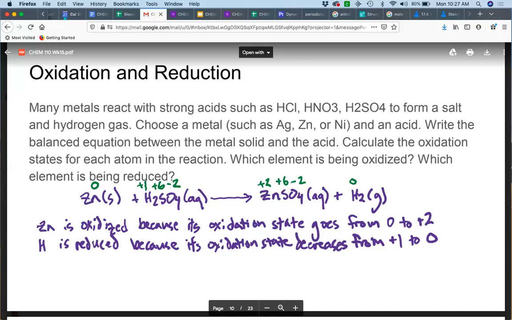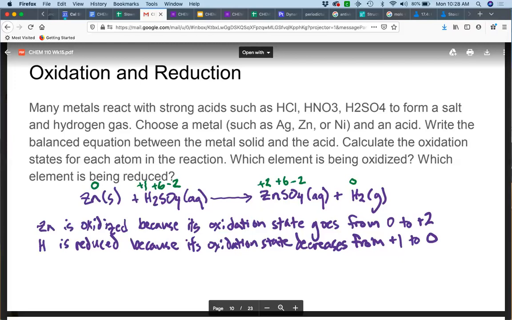So one of the products you know you're always going to see is H2 gas when you react a metal with a strong acid. Then it's up to us to make sense of, okay, well, what is the other product? In this case, the zinc is going to become the counter ion or the cation for our anion. And in this case, our anion is sulfate. So that's the first step of our reaction, to think about our balanced equation.